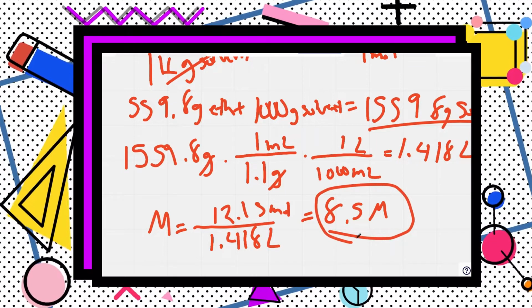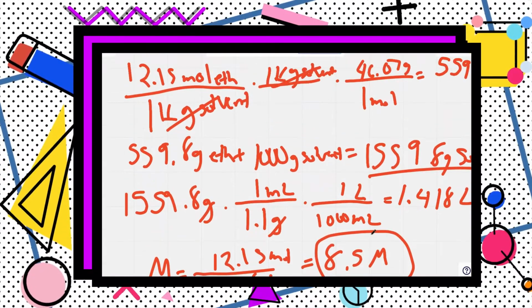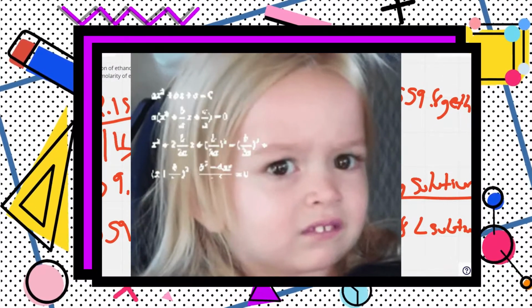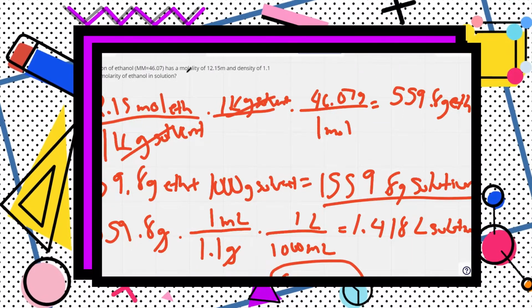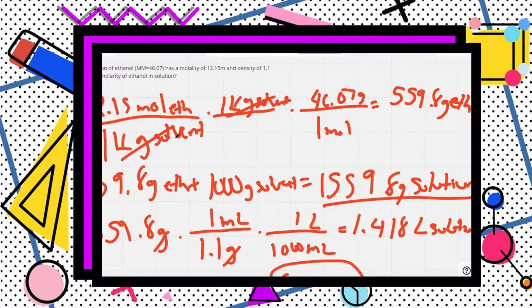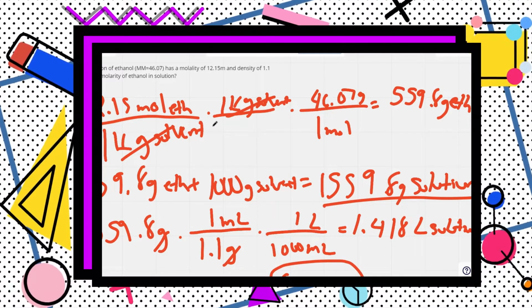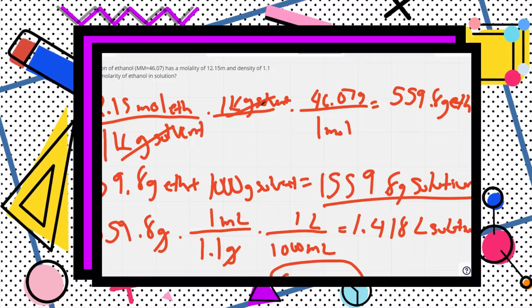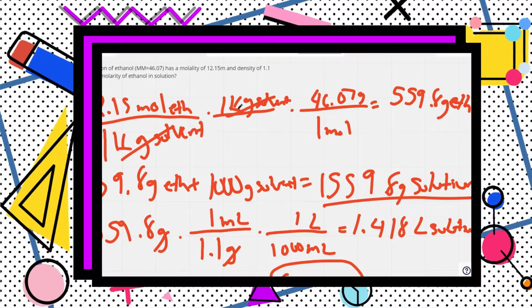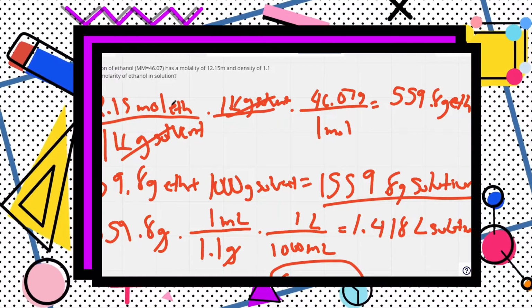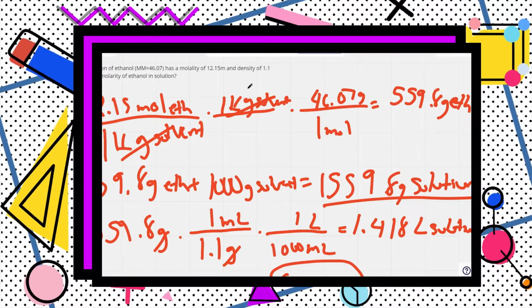Like I said, y'all, it's a lot of math going on here. We had to realize, first off, the difference between molality and molarity. Molality is moles over kilograms. Molarity is moles over liters. Then we had to realize that we could just convert some stuff. I could get rid of the kilograms of solvent by multiplying it with 1 kilogram of solvent. And then I could convert my moles to grams using my molar mass.